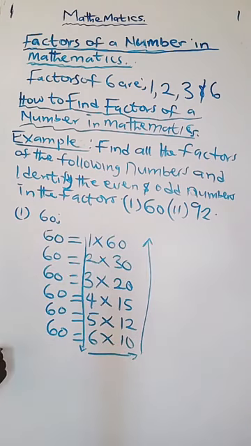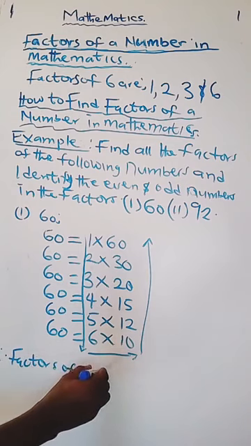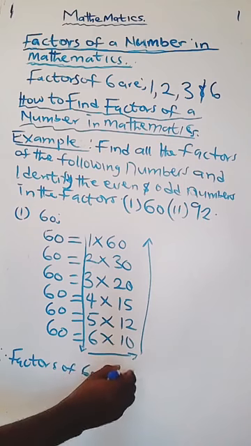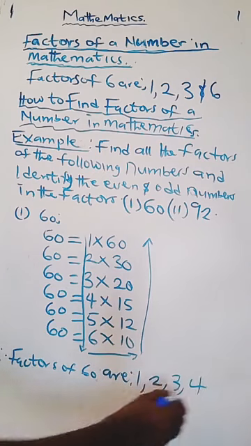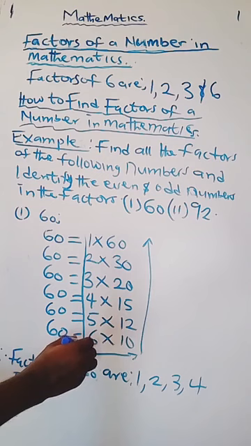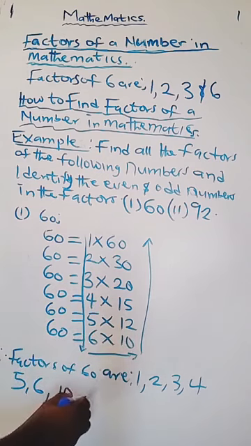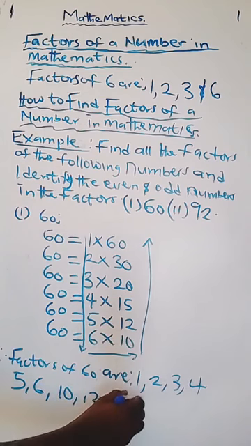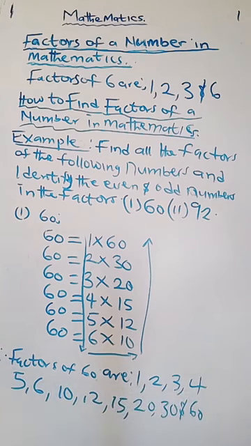Now say, therefore, factors of 60 are 1, 2, 3, 4, 5, 6. You have completed this. Then we move to this place. 10, 12, 15, 20, 30, and 60. All these are factors of 60.